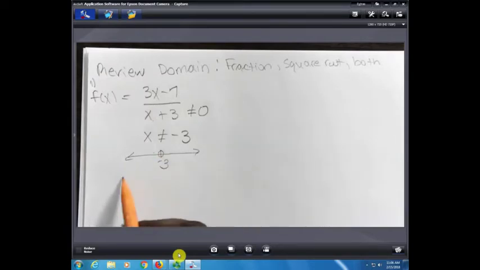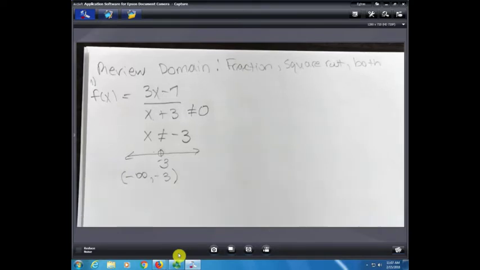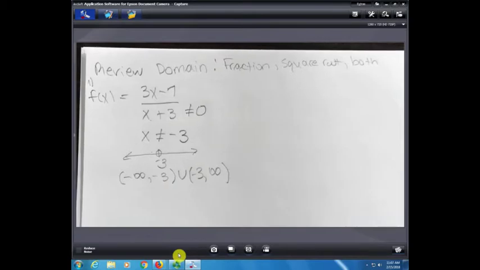So my domain for this function would be negative infinity to negative 3, with a parenthesis there because I'm not including that, or negative 3 to infinity. So I have every number except negative 3. So this is my criteria for a fraction: your denominator cannot equal 0.